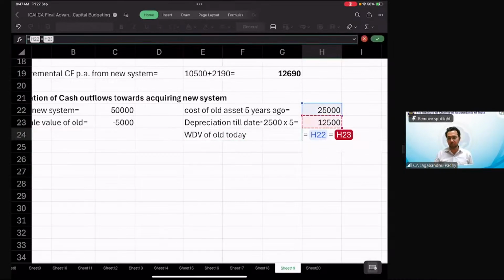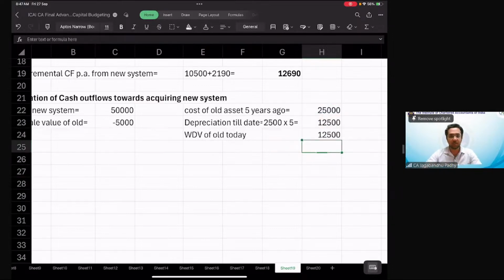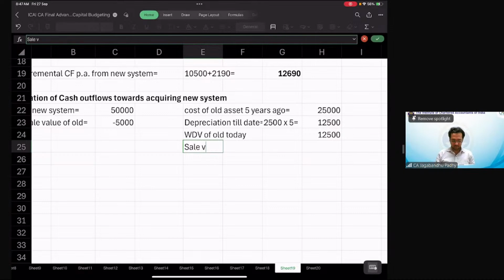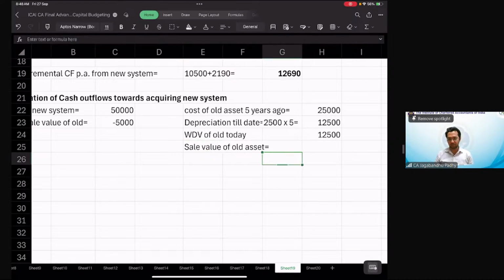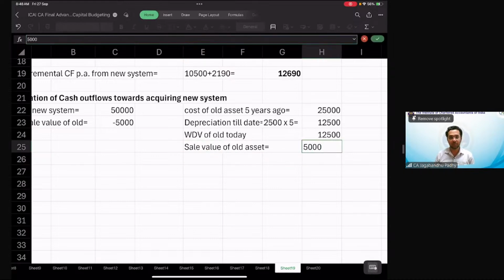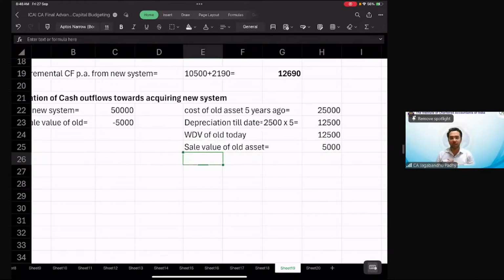Can I say 12,500? WDV, can I say it is 12,500? So WDV is 12,500. And what is the sale value? Sale value of old asset. At what price are we selling the old asset? 5,000.